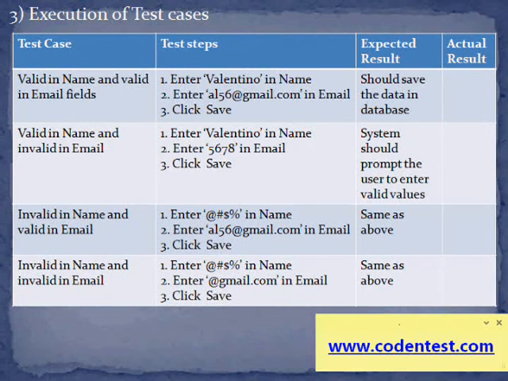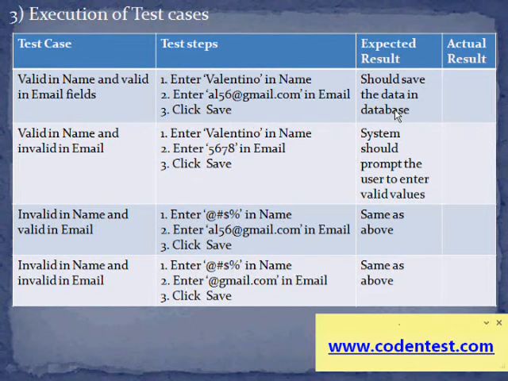In our case the expected results are these. For the first test case, when valid values are entered in name field and valid values are entered in email field and save button is clicked, the value should be saved in the database. That's our expected result.